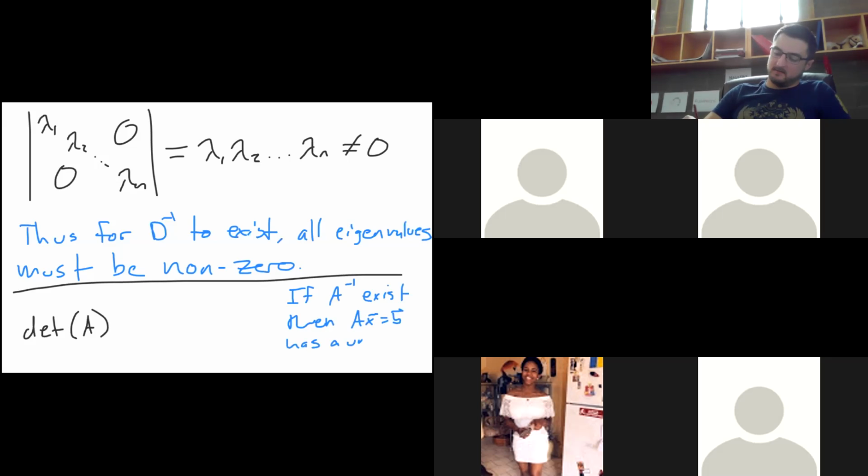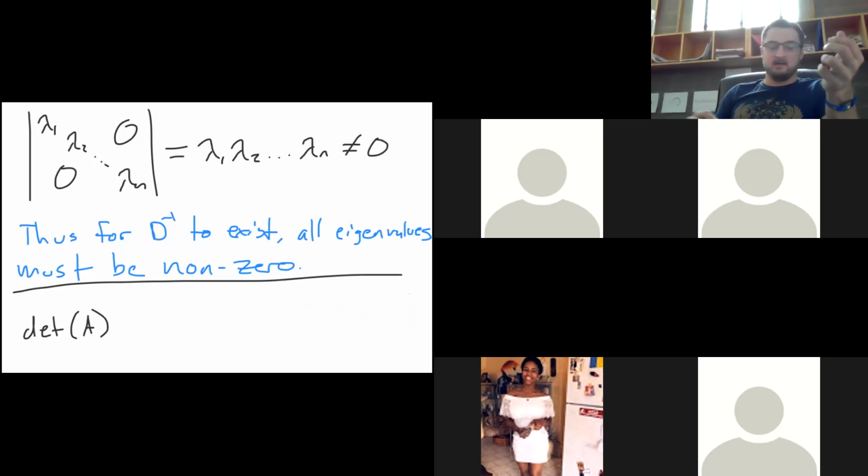I'm just writing it out. So you don't necessarily need to write this down. If A inverse exists, then we have a unique solution. Well, that means, again, that the determinant of A had to be non-zero.